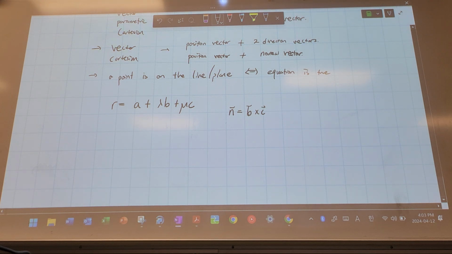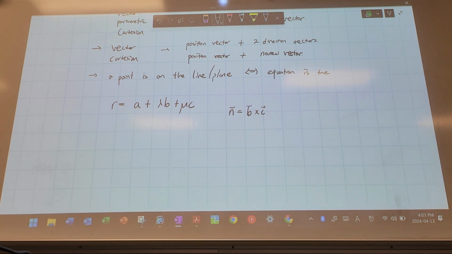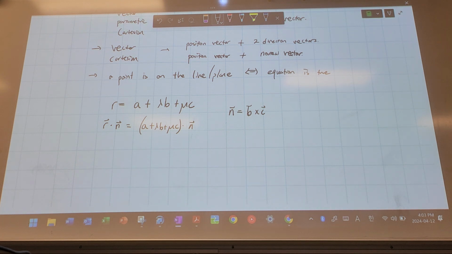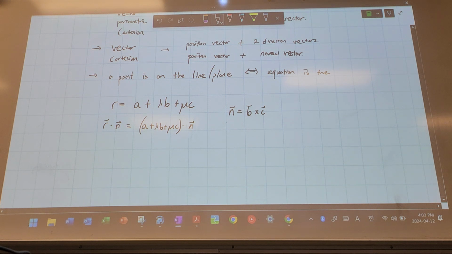After you find the normal vector, if you take the scalar product with the normal vector on both sides, you get r dot n equals a plus lambda b plus mu c, all dotted with n. We know the scalar product of two perpendicular vectors is zero, and the normal vector is perpendicular to both b and c, so those terms are zero.